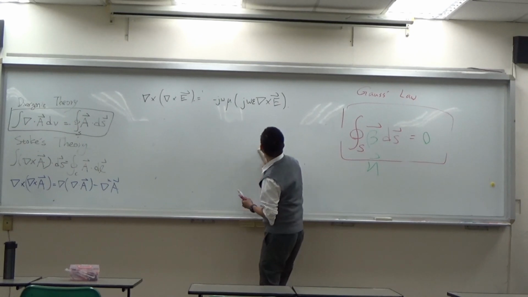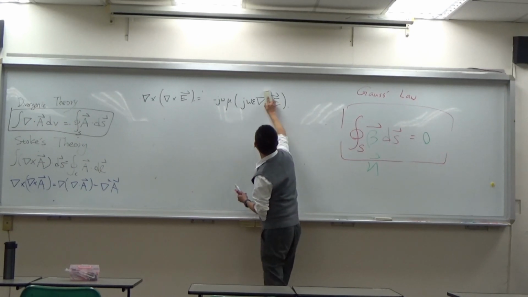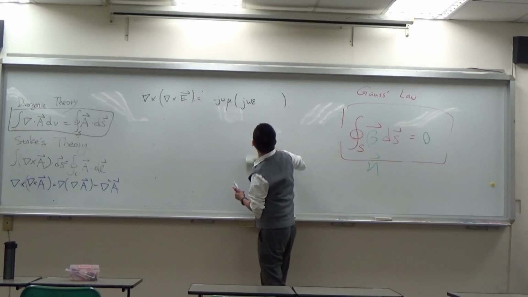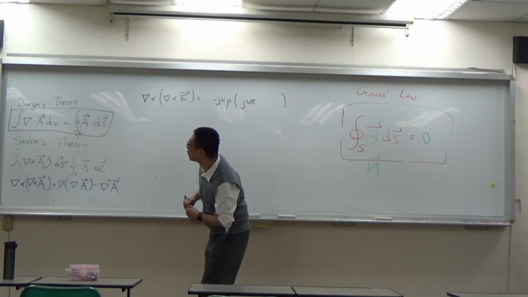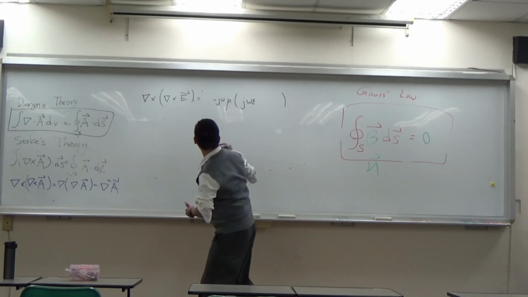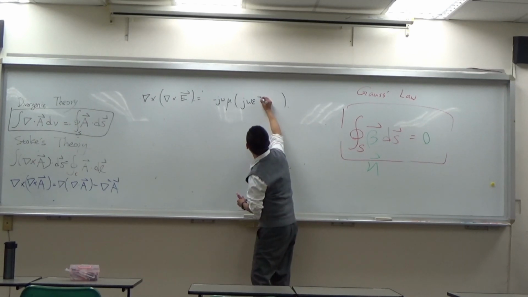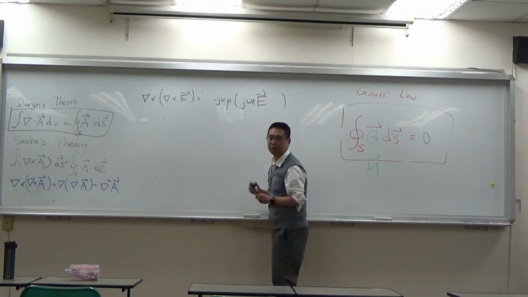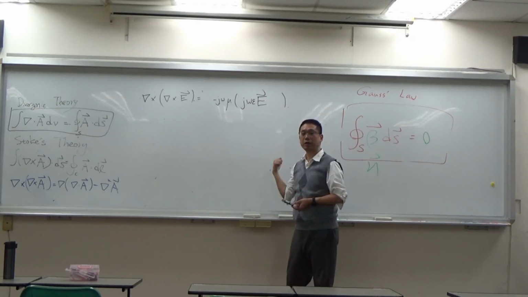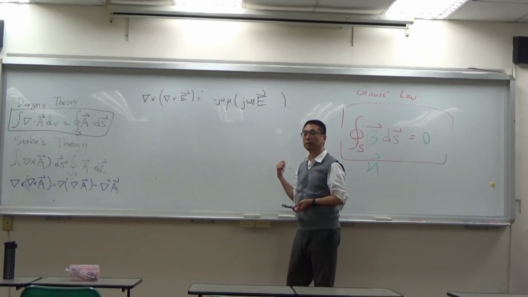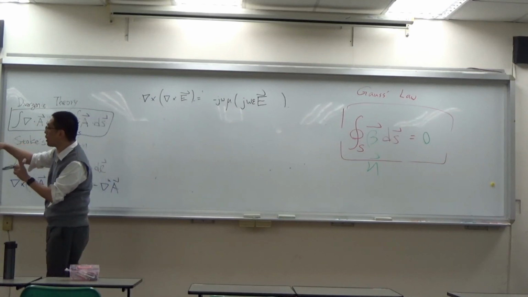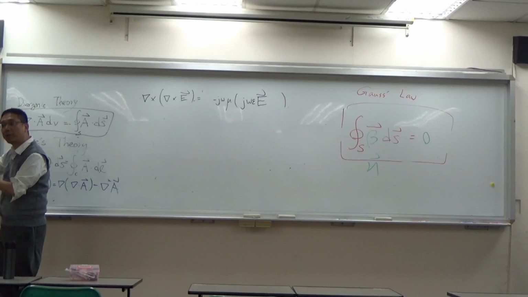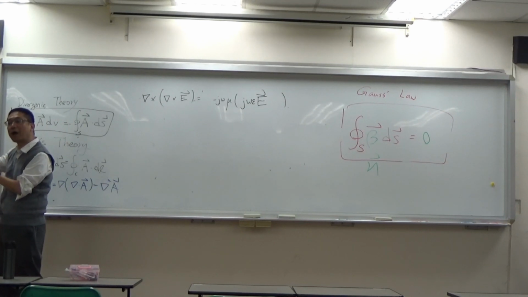Sorry, D is epsilon E. Because curl H equals J omega D, and J omega D equals J omega epsilon E, right?